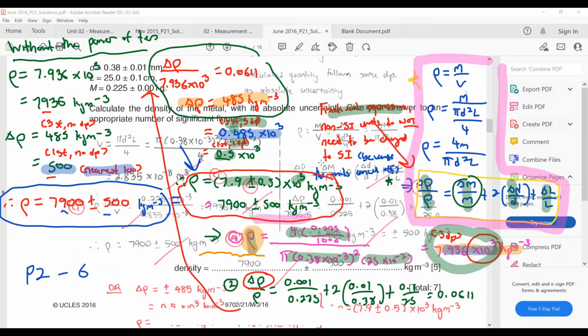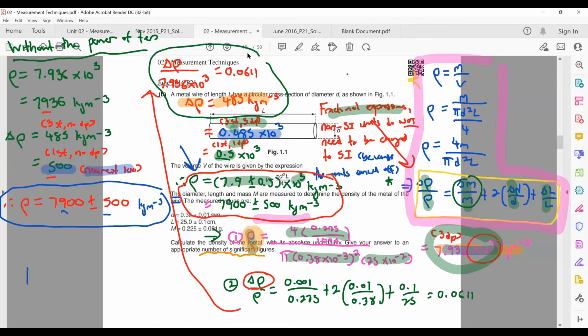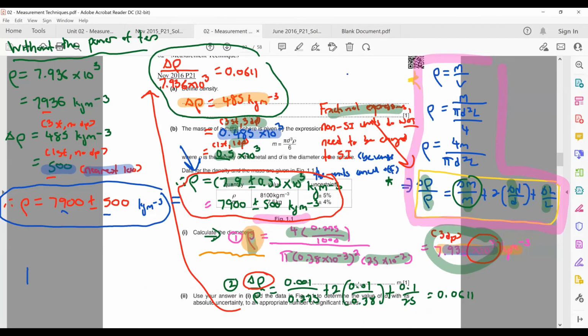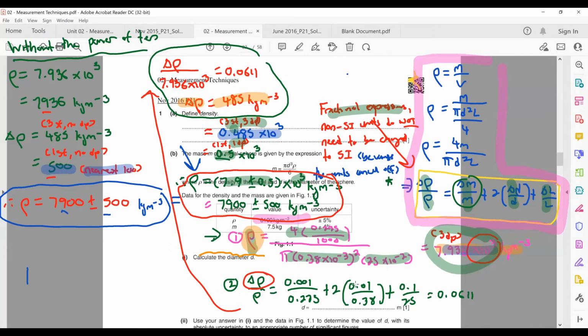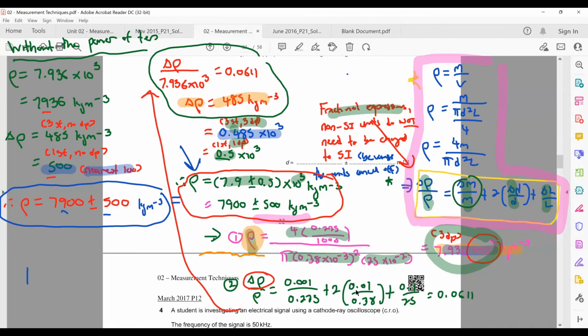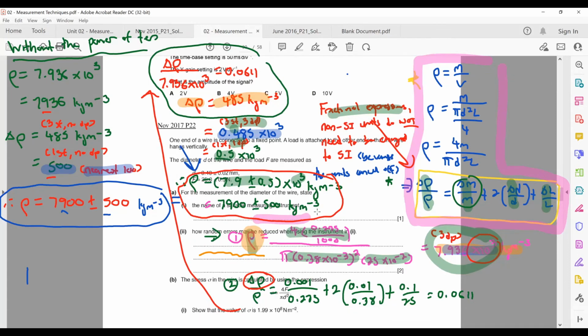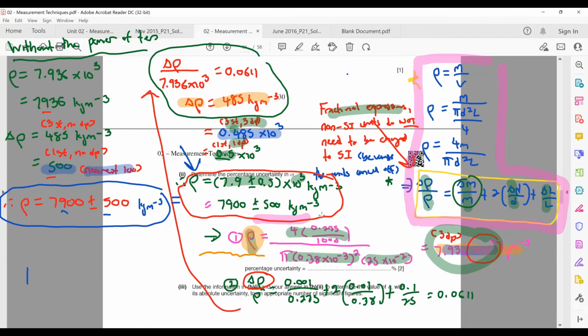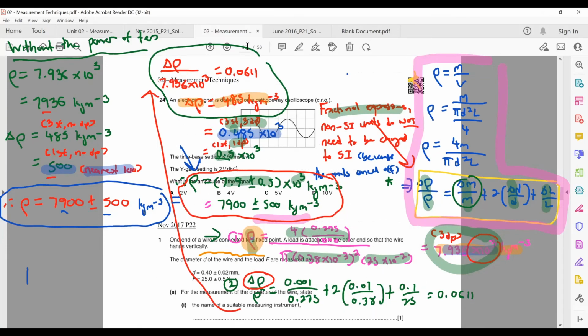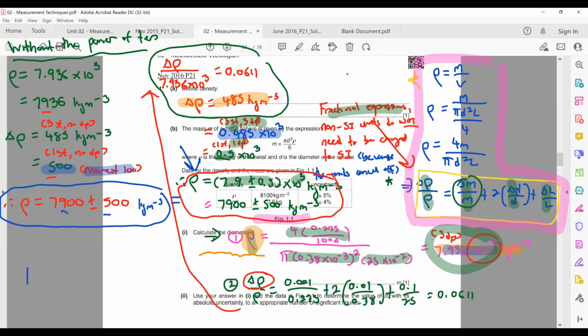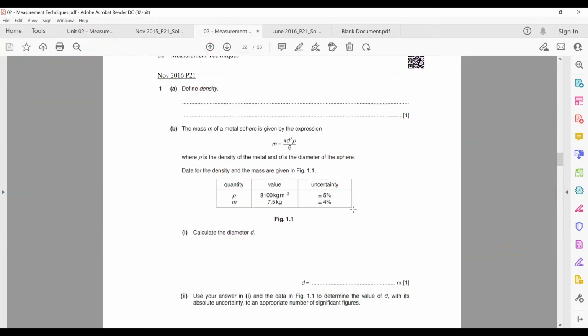Right, so this is one part of that. So the next structured question should be page 22. Wait a minute. 22 or 30? Okay, let's just have a look at 22. I'll clear off everything first.